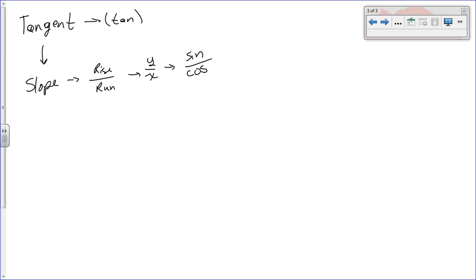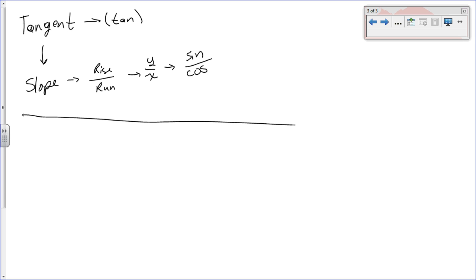So tangent, in a sense, also equals sine divided by cosine. So tangent is the slope of your line. It's rise over run. It's y over x, or sine over cosine.